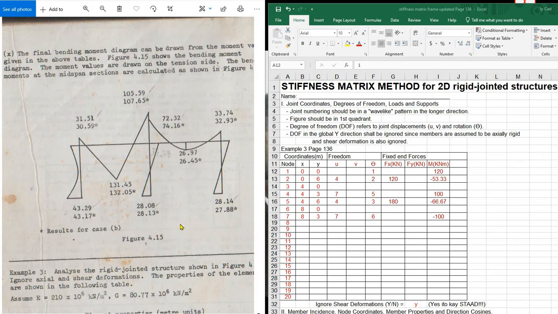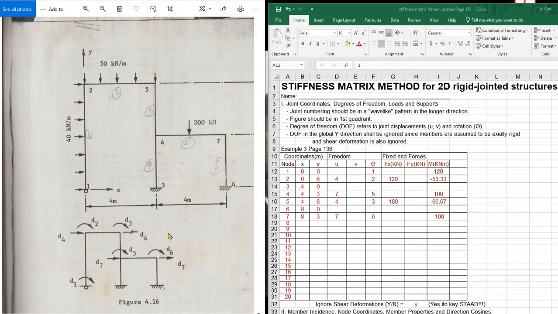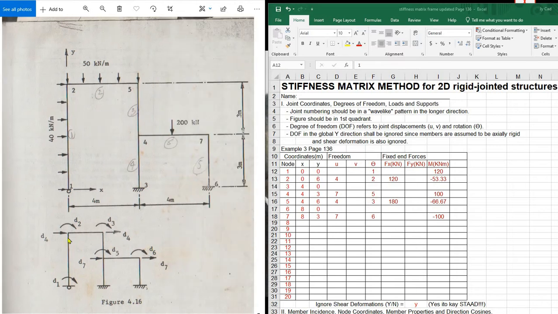Kaya ang V displacement magiging 0 lahat yan or wala. Okay? And then going back to the figure, kaya magiging ang displacement natin dito ngayon horizontal lang, or mag-sway yung building.